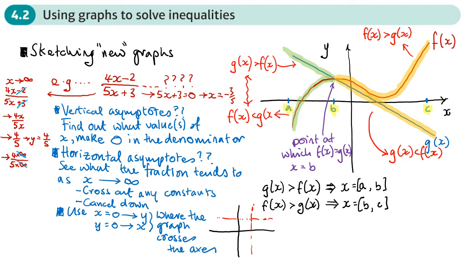Now it may be that it crosses at 0, 0. So it's only going to tell you where one bit of the graph is. So what we can do is then maybe plug in some x coordinates either side of the asymptotes, to work out whereabouts the other part of the graph is.